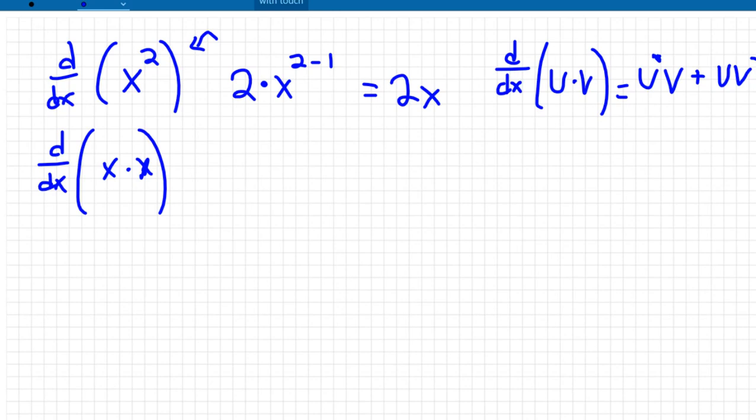In this example, both our u and our v happen to be equal. So if we want to convert this to look the same as the product rule, our u is x, so u prime, the derivative of x, is 1, and then multiply that by v, which is just x, and then we'll add u, which is just x still, multiplied by the derivative of x, which is 1, and that equals 2x.